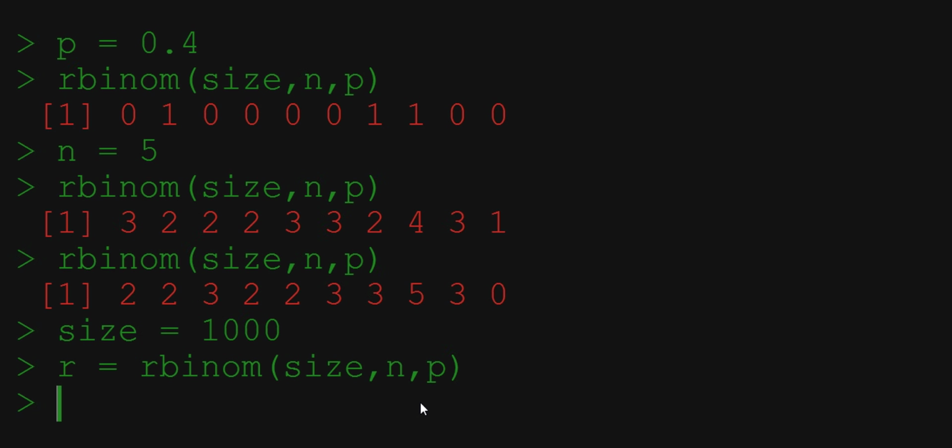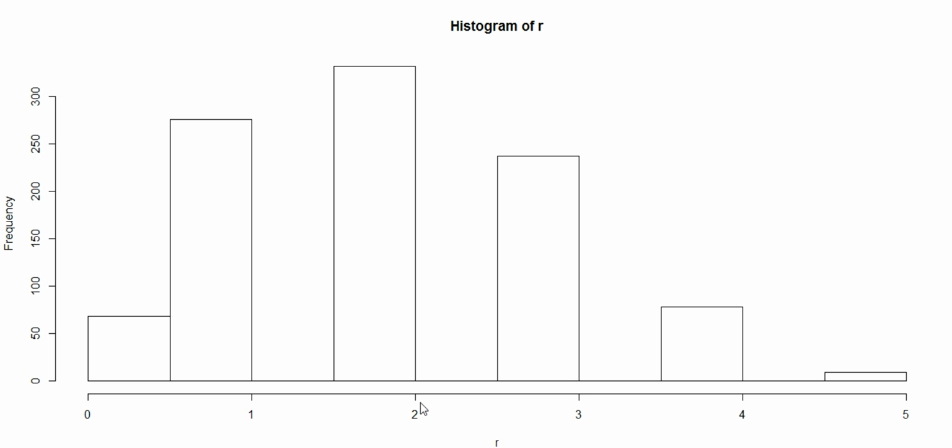In R, the function calling it is hist, and it takes one argument, which is the vector of observations. There we go. The histogram groups the results of the simulation according to frequency of each outcome.